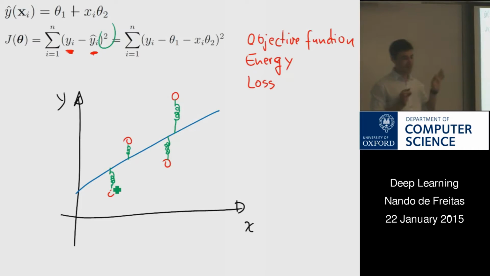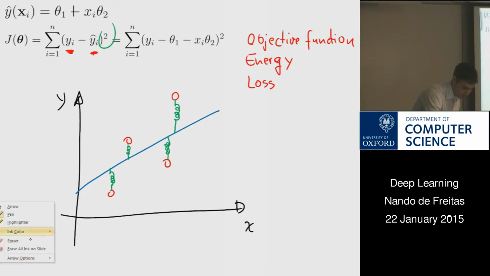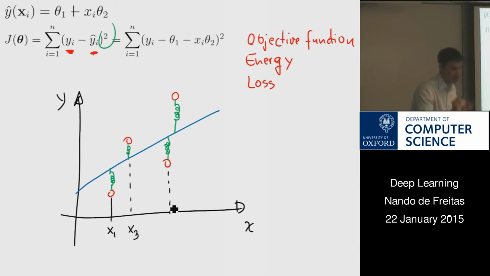Imagine that each of these red dots, and I should say what these red dots actually are, the coordinates are basically the data points. So this would be x1, this would be, say, x3. The data can be scrambled, there's no particular order, so I'm emphasizing that by writing it this way.